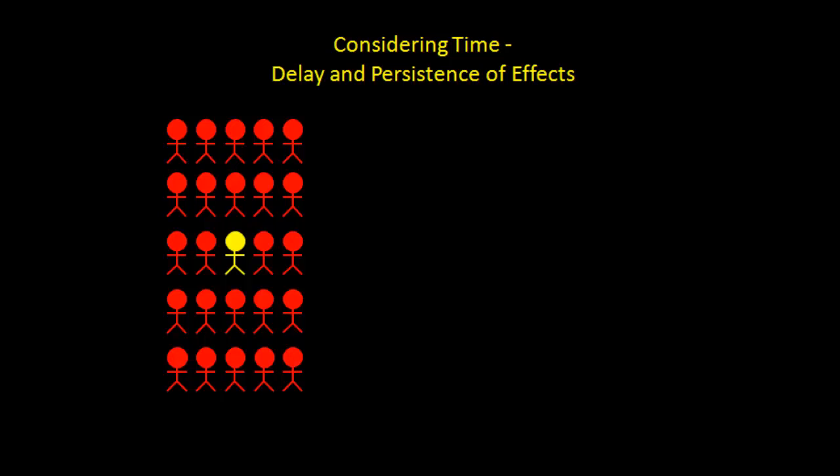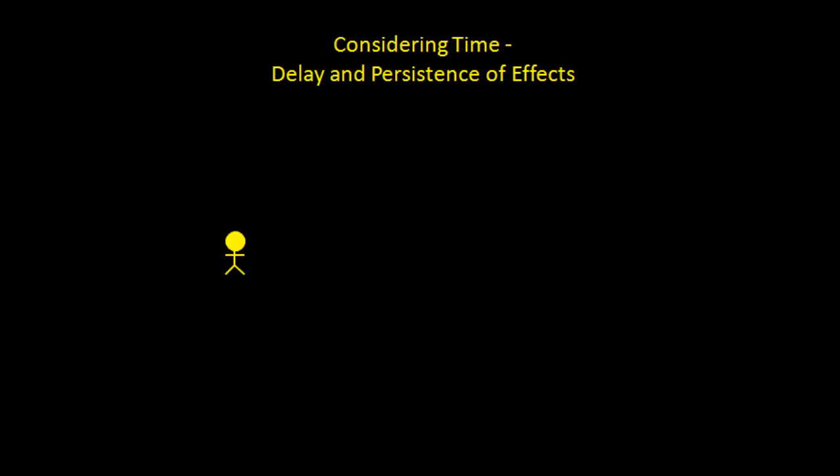So, for example, I might think of someone who is not super sensitive to tobacco smoke, but who is also not super resilient. So to think about the delay and the persistence of the effects, we might think about a person who doesn't smoke and then think about a person who does smoke. So let's do that for my particular exposure and outcome.